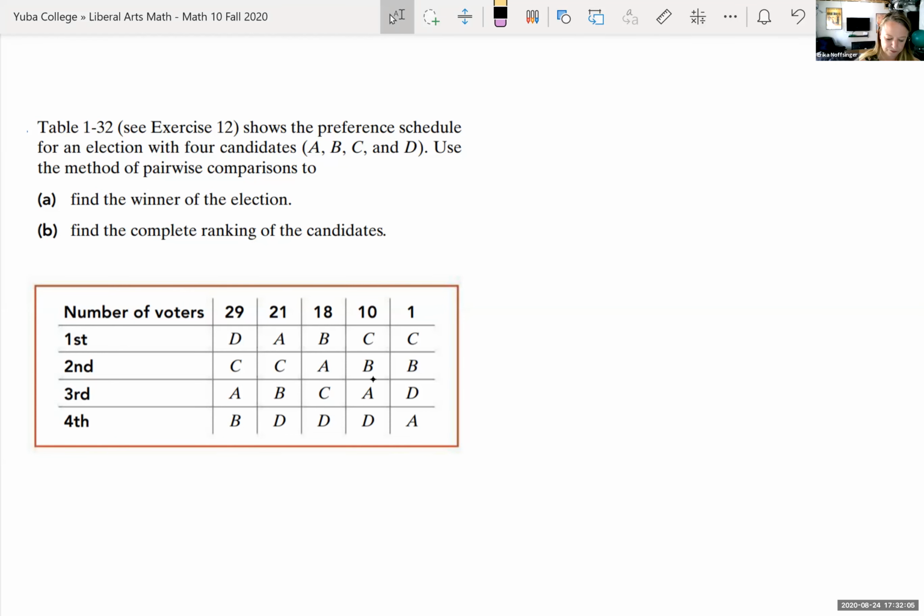Okay, so we want to look at A versus B, A versus C, A versus D, B versus C, B versus D, and C versus D.